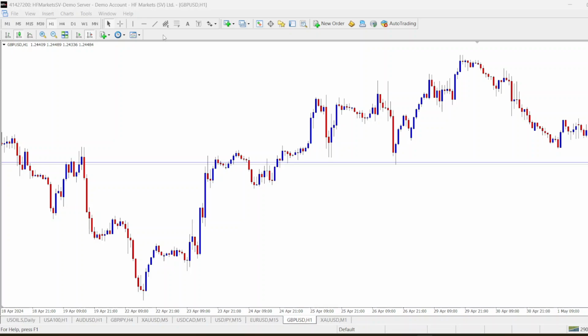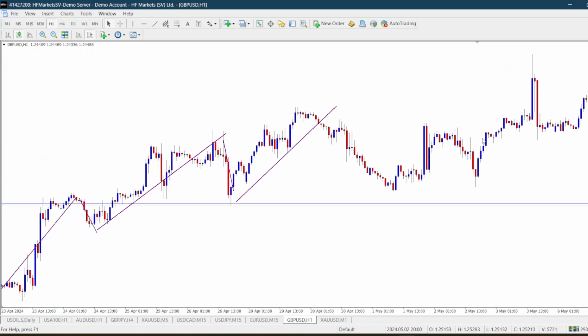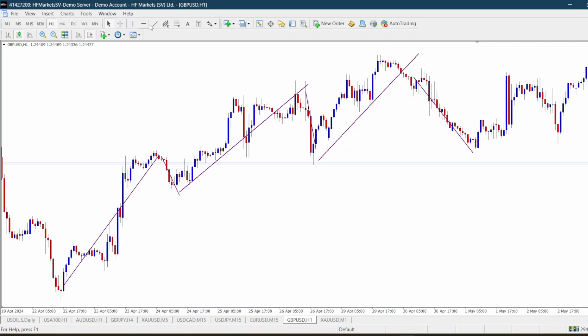Okay, this might not be the perfect example, but remember that Elliott's wave goes in 5 waves, 1, 2, 3, 4, and 5. That's the impulse wave. And then when the trend has come to an end, the corrective waves usually come in, and you usually find wave A, wave B, and wave C.